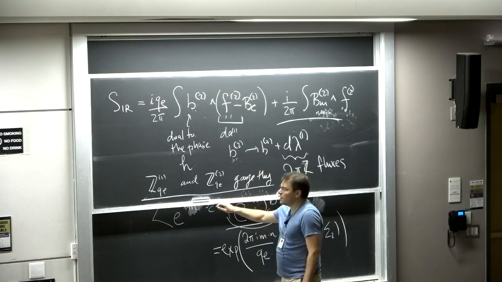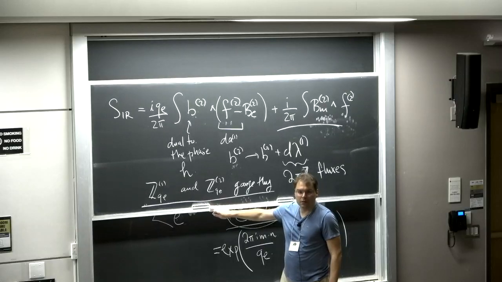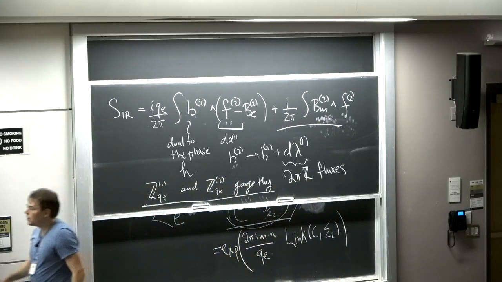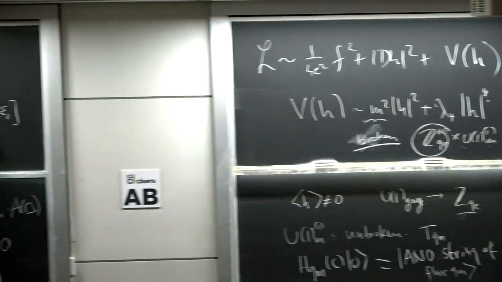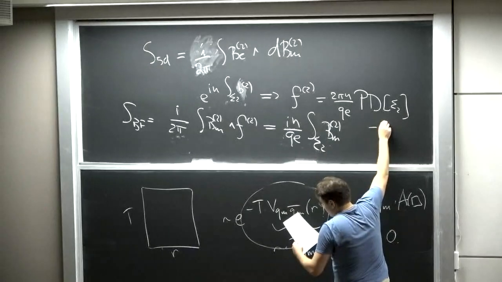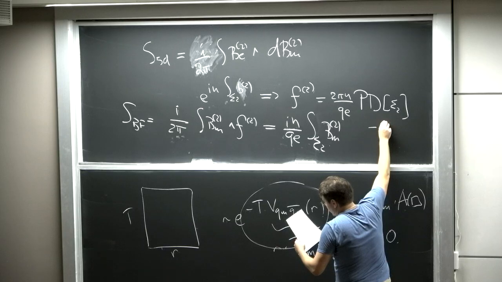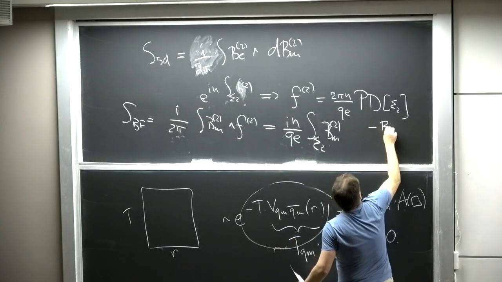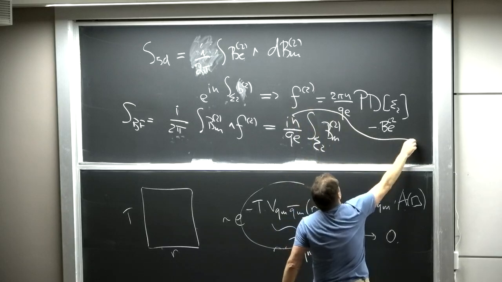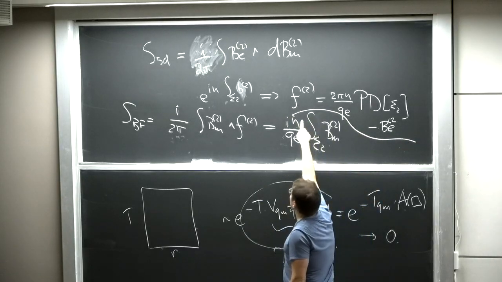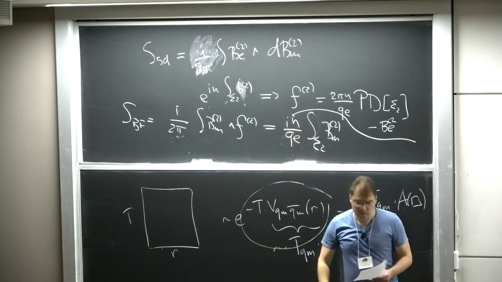Yeah, there's a BE, but that doesn't matter for what I'm doing. So you're right. I wrote it imprecisely. The correct statement is that there's also a BE, I think with a minus sign, but that has no effect on what I'm saying. So this is the B2 equation of motion. Sorry about that, I misspoke.